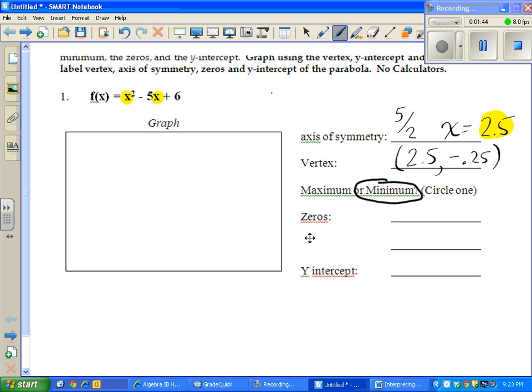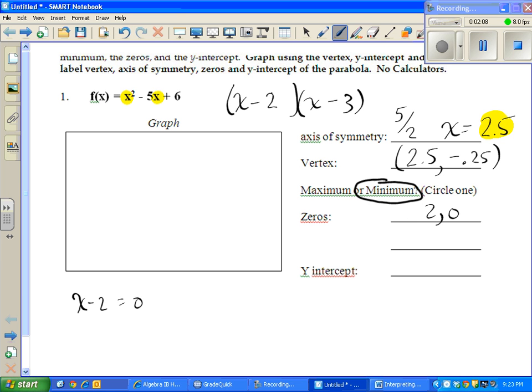Now, zeros. How do we find zeros? You can do the quadratic formula, but since you're not allowed to use a graphing calculator, this might be tough. Why don't you try factoring? So let's factor this as (x minus 2)(x minus 3). Simple number game. We set each part equal to 0, and we find that x equals 2.